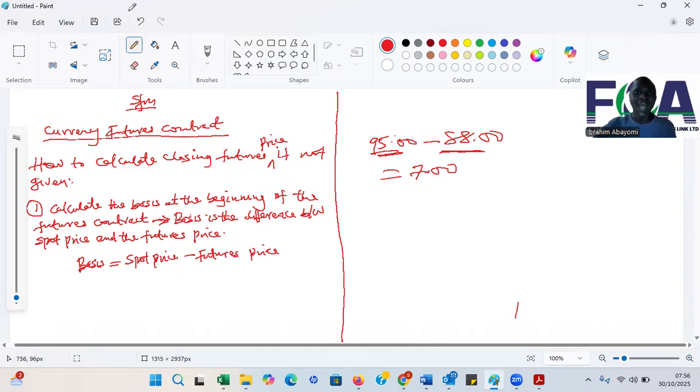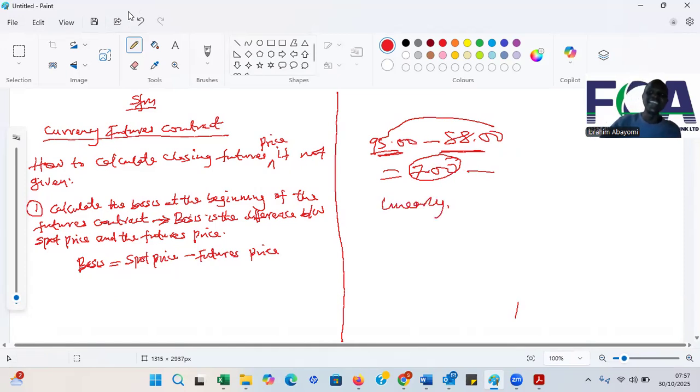Now, as time passes by, as the futures contract runs out on a daily basis, this basis, this 7, is expected to decline linearly.